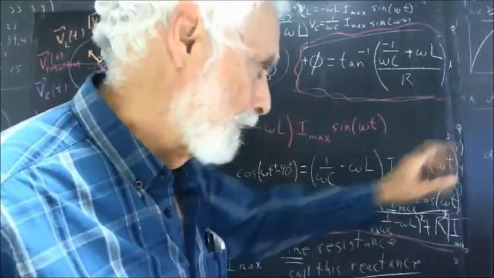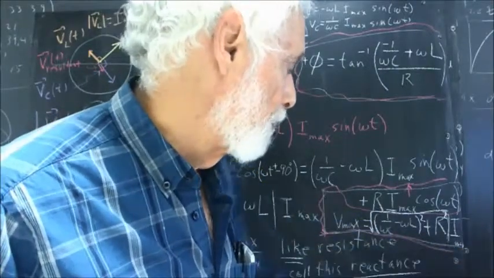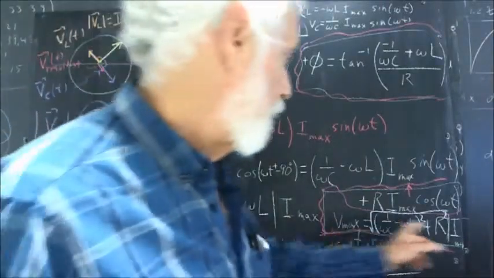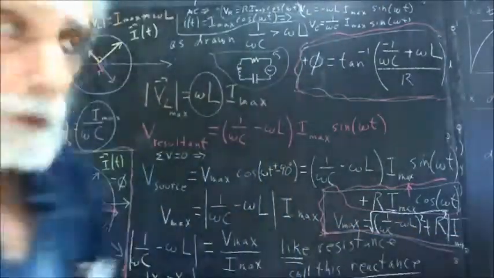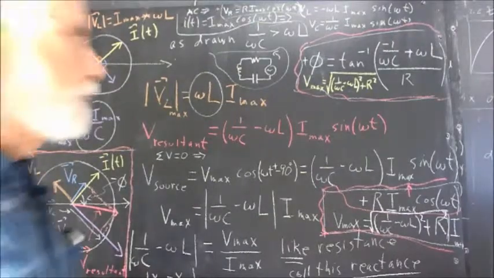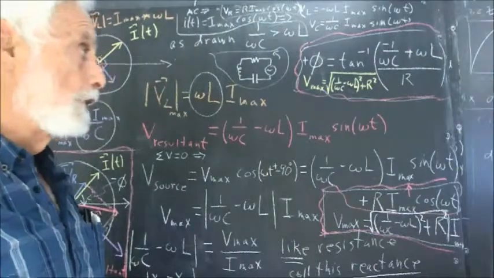There's your R squared. That square is a little hard to read. And there's your I max. Now, I did smudge something in there that's supposed to be a max. So we have V max equals this. Now, I'm going to rewrite that just to make it easy to see. I don't know how much clearer that is, but that should show up pretty well on your screen.